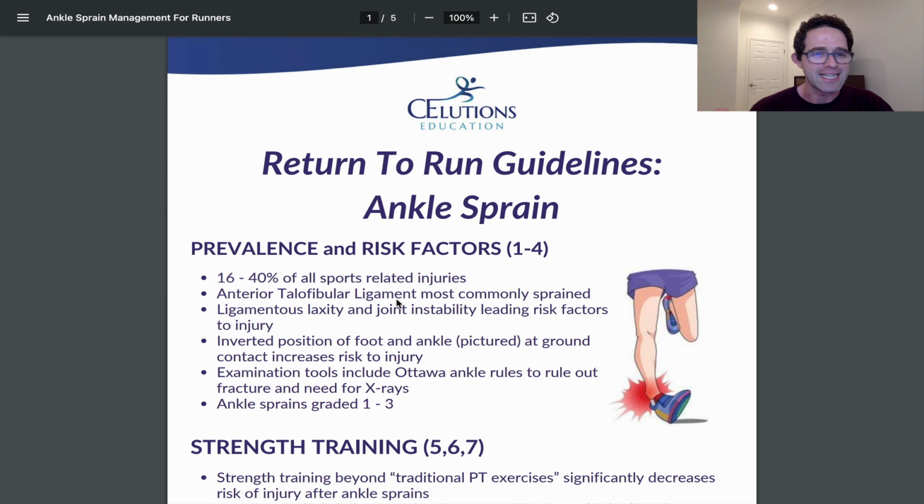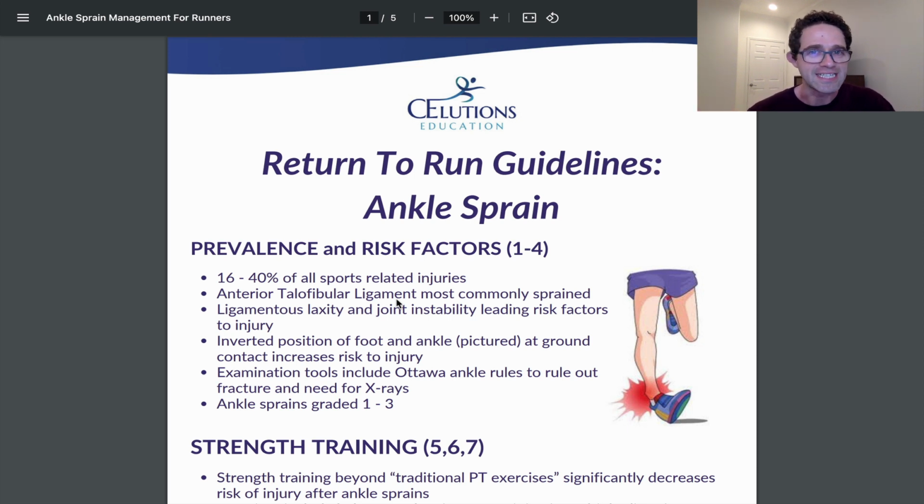And we know that ligamentous laxity and joint instability are leading risk factors. The reason is that the looser that ligament is, the more unstable that joint is, and we just have more motion. That more motion, especially while running, increases the risk that all of a sudden the motion goes too far, and then that runner sustains an ankle sprain.